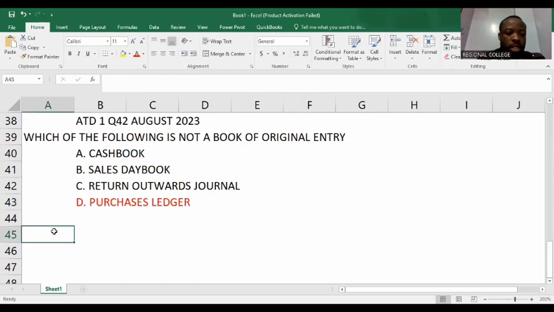So this is just for revision, I can try to do it so that it can show you how you can prepare the sales day book and the purchases day book. So a question for your revision, so that at least you know.